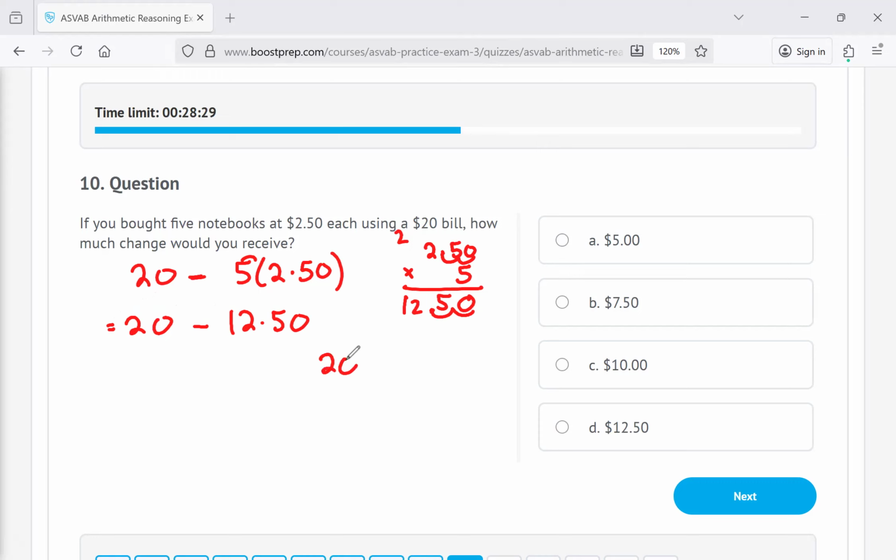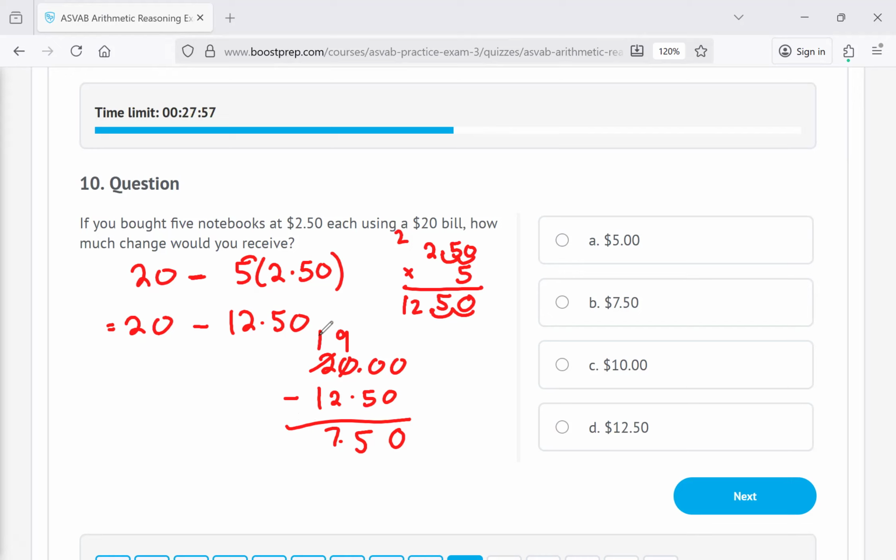So 20.00 minus 12.50. If you recall, when you add or subtract decimals, you do need to line up the decimal. So 20 has an invisible two decimals, so this would be 0. This would be 5. This will be 9 minus 2 is 7. And then this would be, I think you borrowed, right? No, not borrowed.